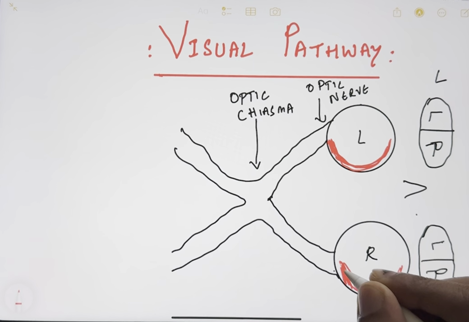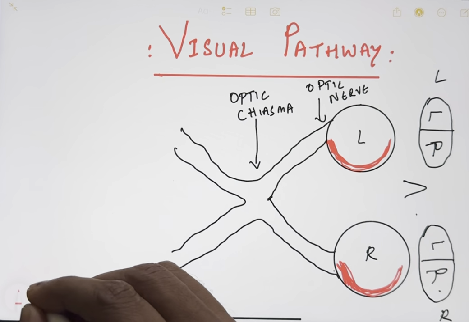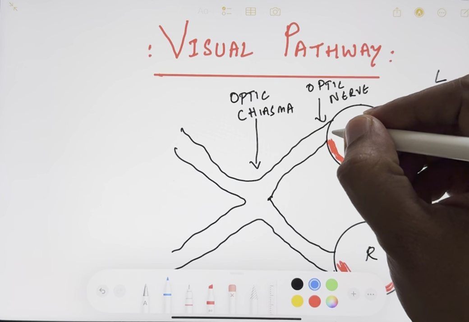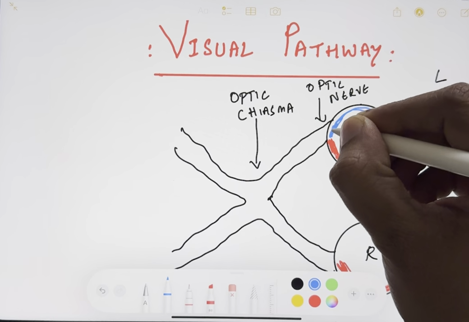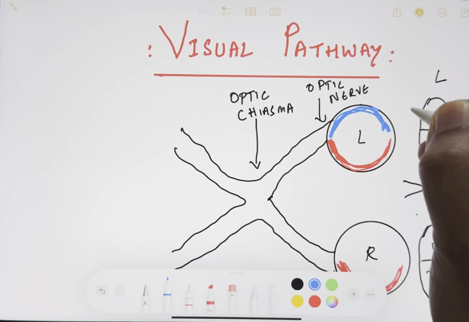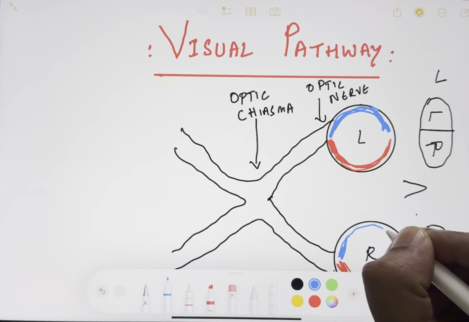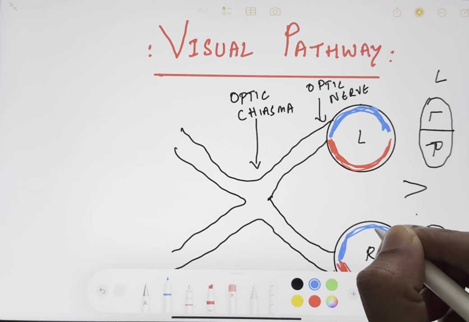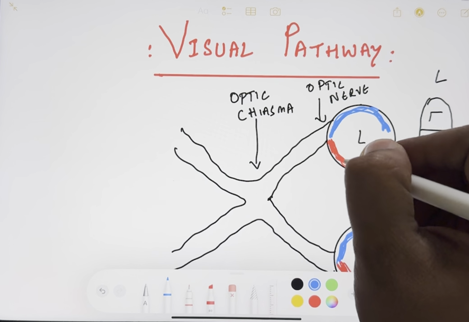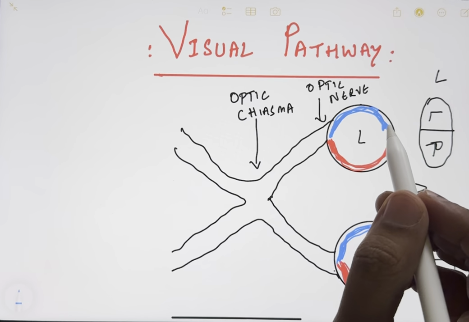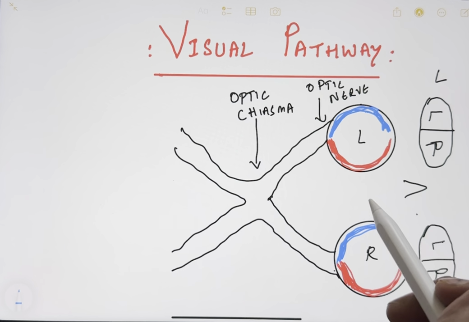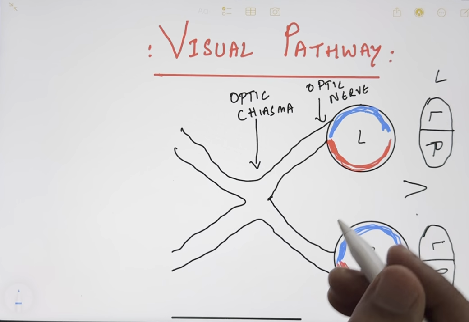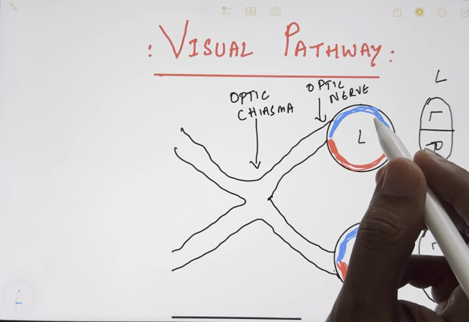Now, I will draw the other half of the retina with blue color. So, the left side of the left retina with blue color and the left side of the right eye retina with blue color. Together this is the retina; I am just drawing it to mark the demarcation. This is the left retina and right retina.